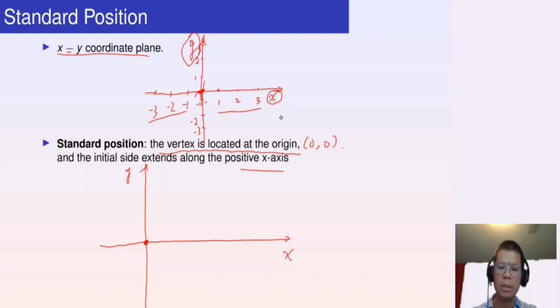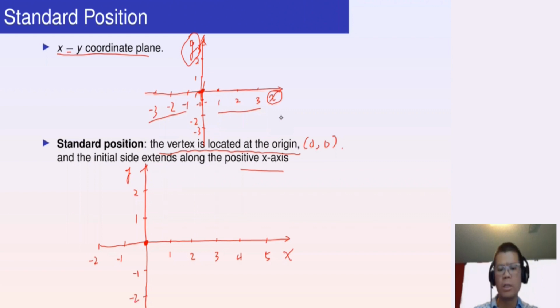This is 1, this is 2, 3, 4, 5, and -1, -2, and here x is 0, and for y, 1, 2, -1, -2.